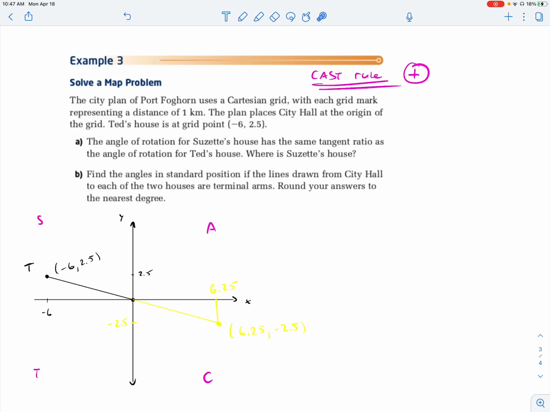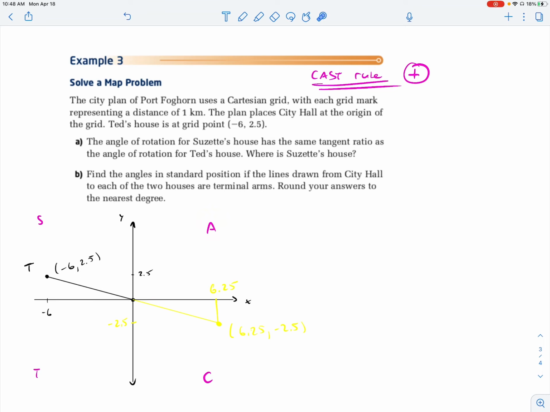To use the CAST rule, because C is located right here, the only trig ratio that's positive in this quadrant is cosine. Sine and tan will be negative, because the y value is negative. Up here, this stands for all. All trig ratios are positive because the x and y coordinates are both positive.